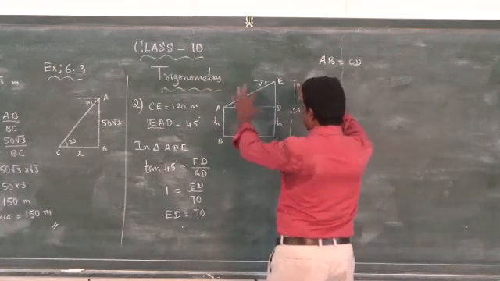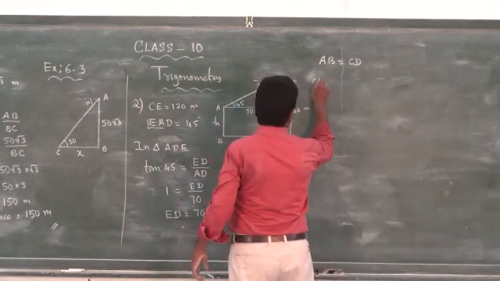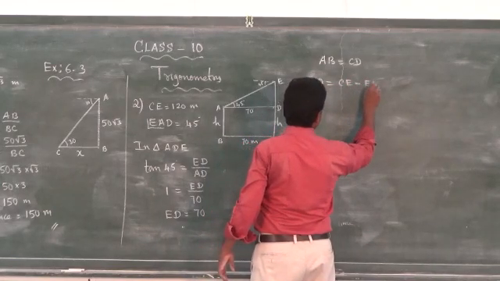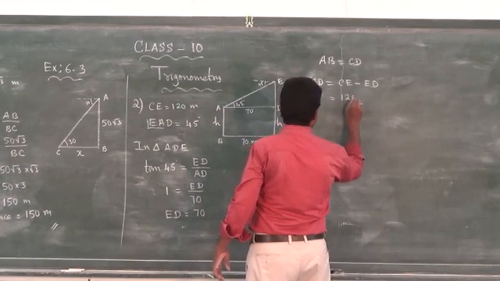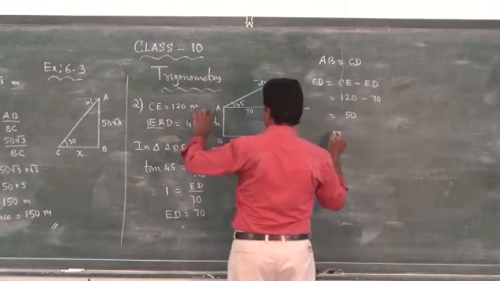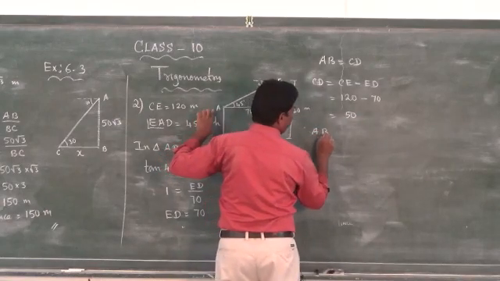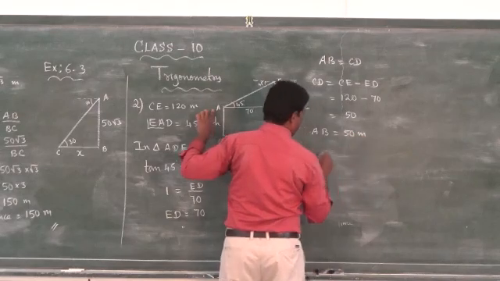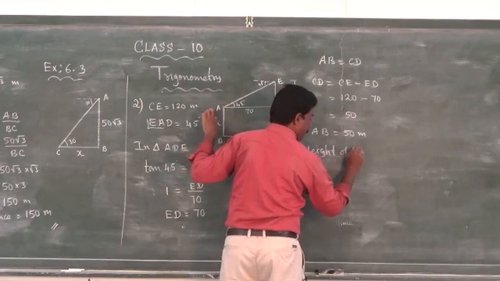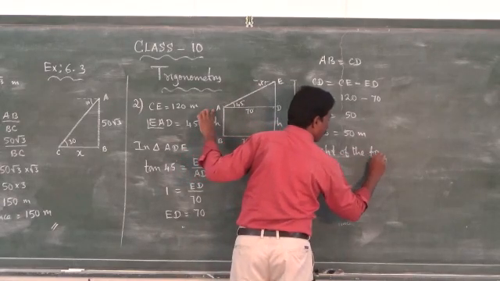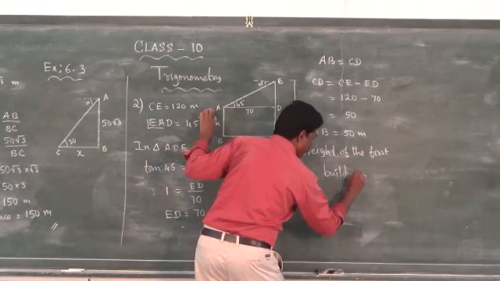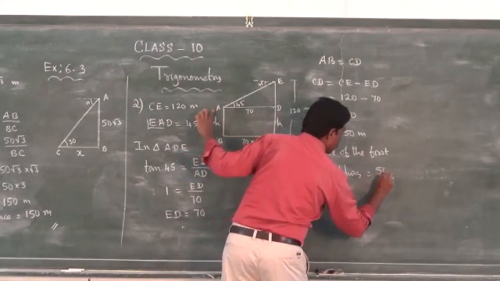And what we got is ED. Therefore, CD is equal to CE minus ED. 120 minus 70, so you will get 50. What is 50? AB. Therefore, AB is 50 meter, or the height of the first building is 50 meter.